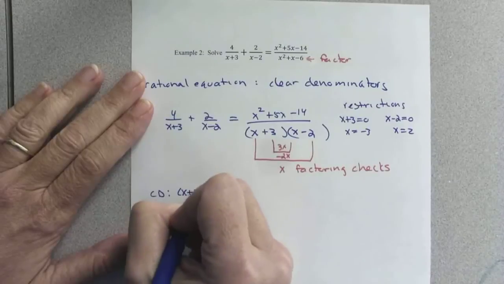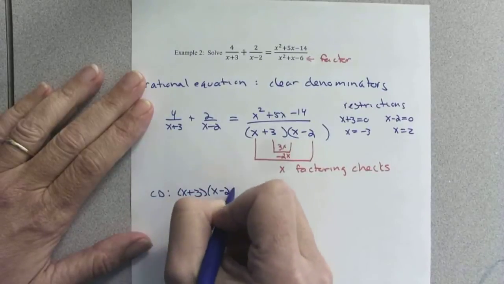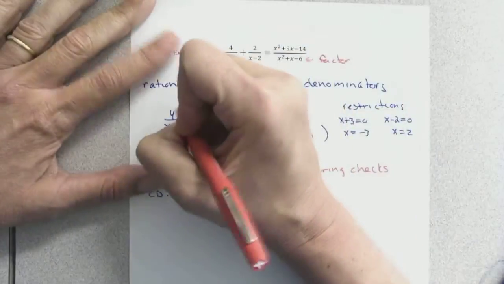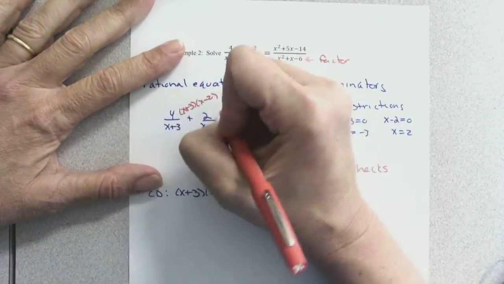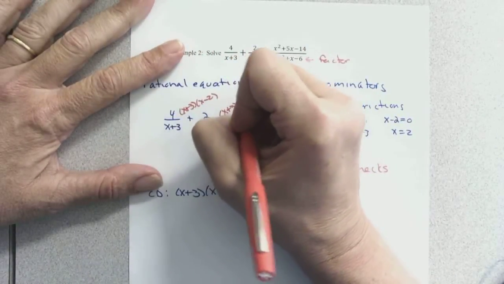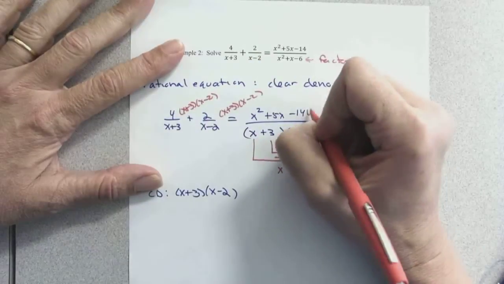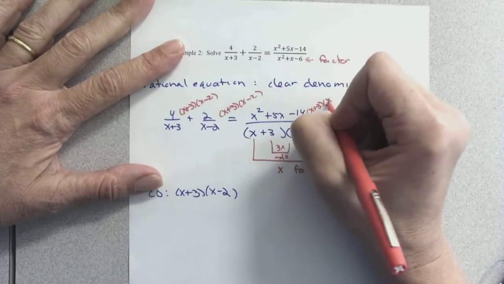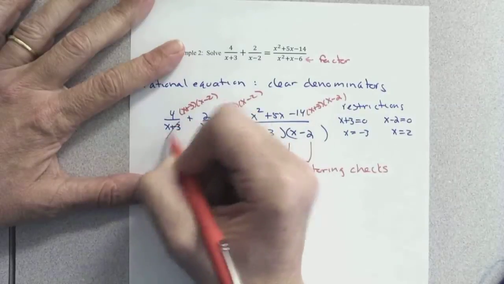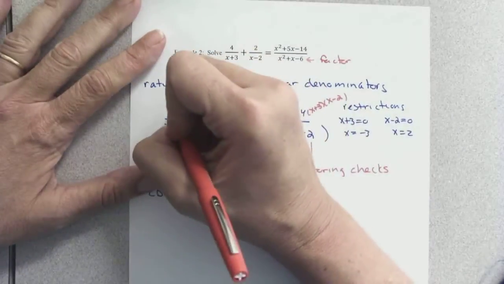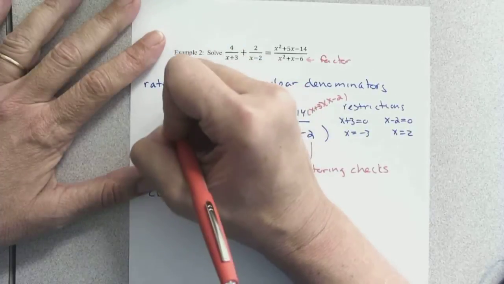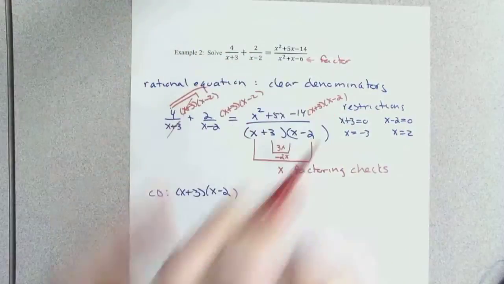So my common denominator here is x plus 3, x minus 2, and so I'm going to multiply everybody by that common denominator. X plus 3, x minus 2, x plus 3, x minus 2, x plus 3, x minus 2. And then cancel. And then what remains, we distribute.